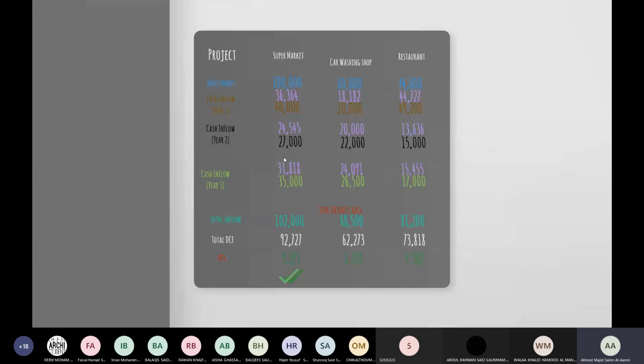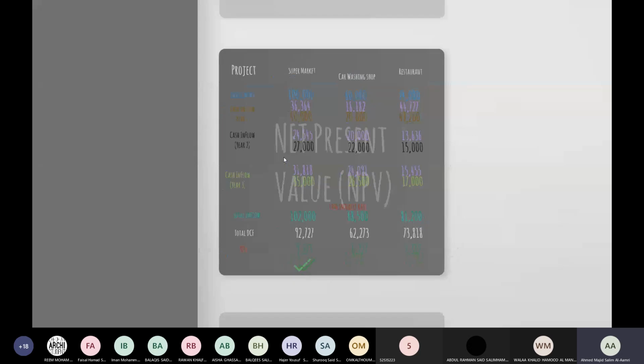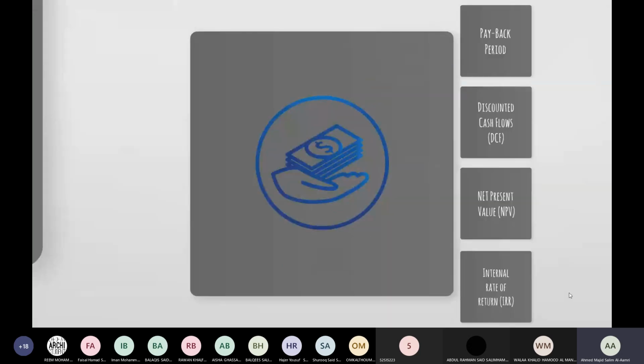We are trying to see if the project will return our investment faster, or how much time it will take. For example, if I said I have found a building in which I'm going to return my money in 11 years, is it going to be a good choice or a bad choice?